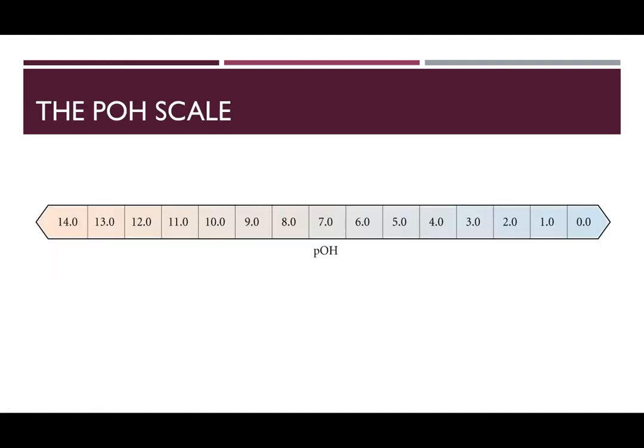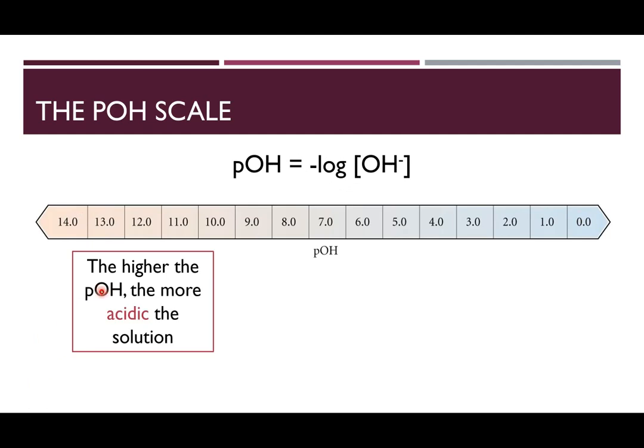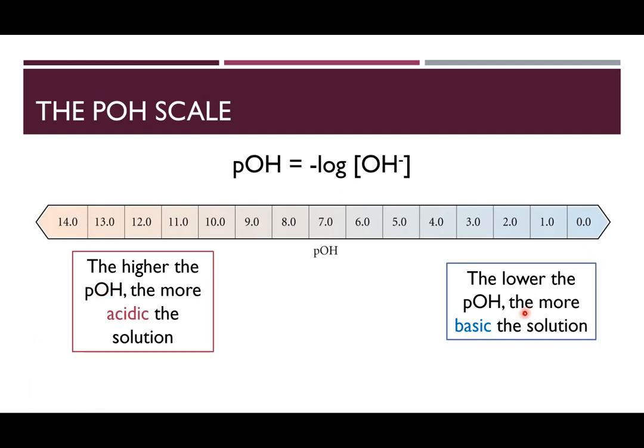So we've got something called the pOH scale. So the pOH scale is the inverse of the pH scale. So again, it goes basically from 14 to 0. But in this case, 14 would be acidic and 0 would be basic. So this is just an inverted scale.